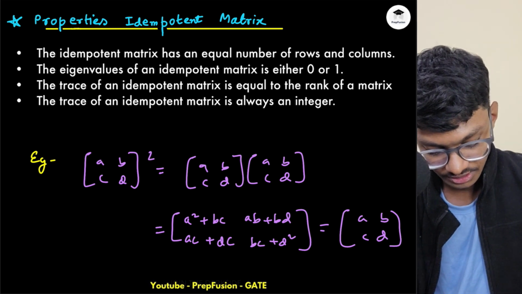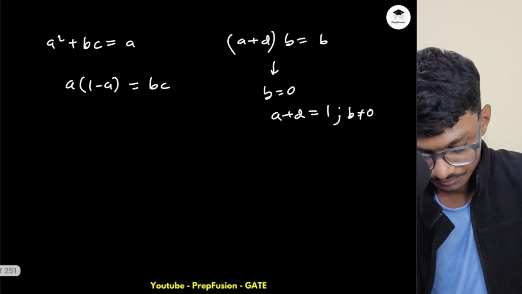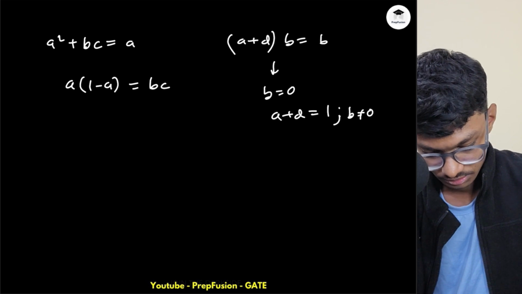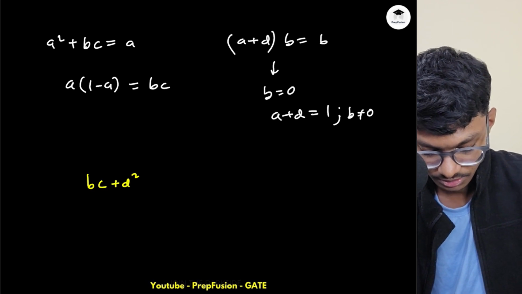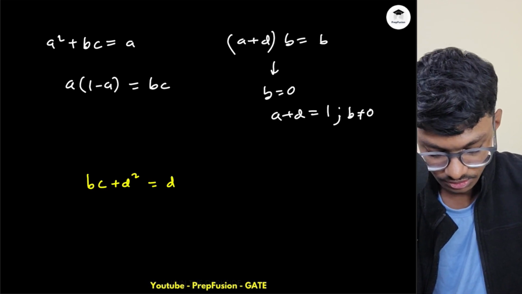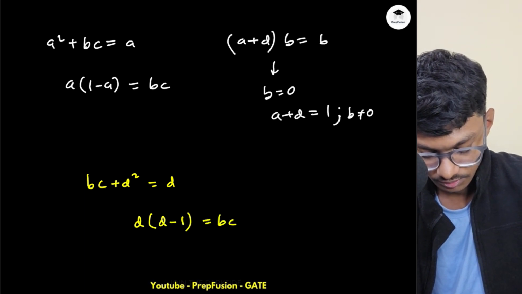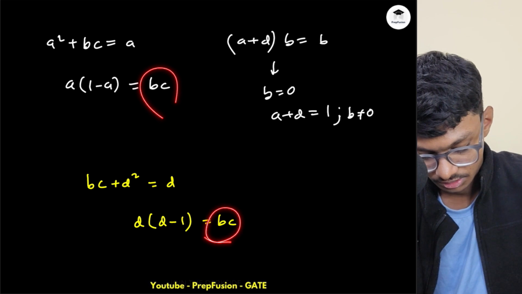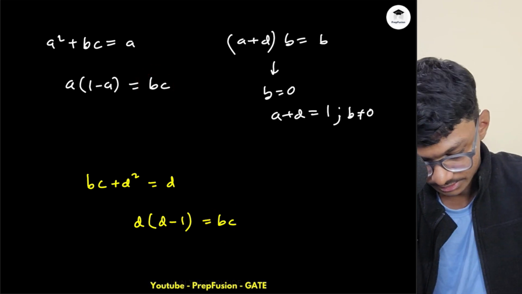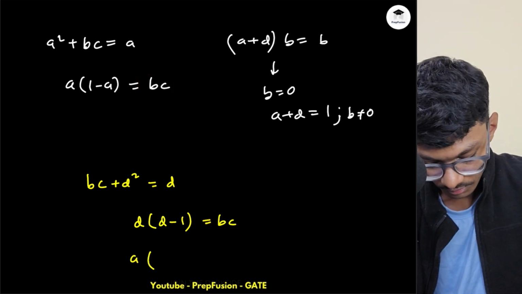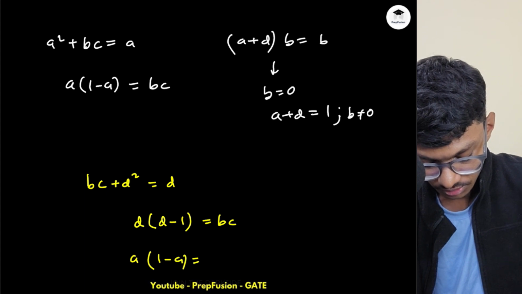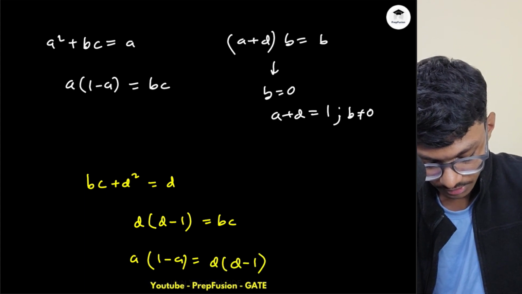Next is bc plus d square equals d. So what I can write is d into d minus 1 equals bc. So these two are the same. So a into 1 minus a equals d into d minus 1.